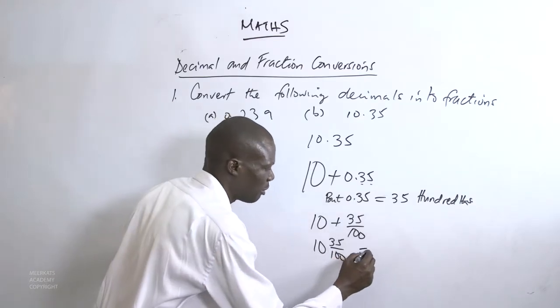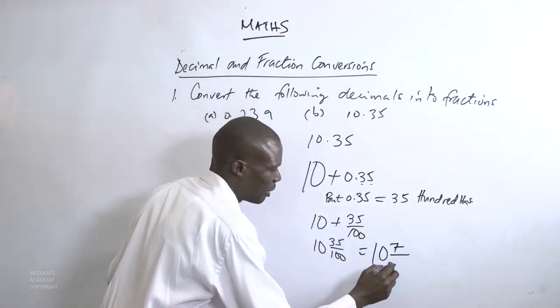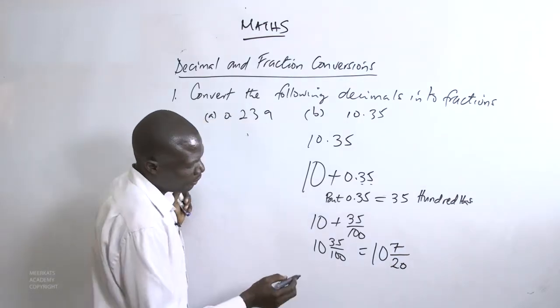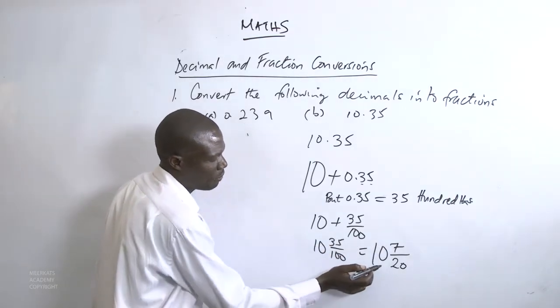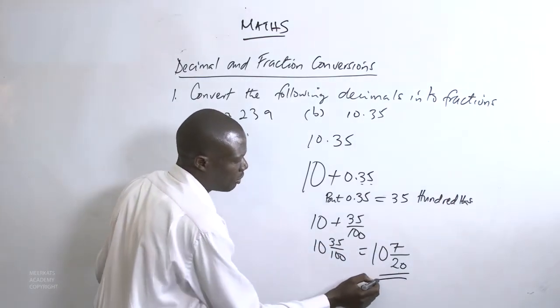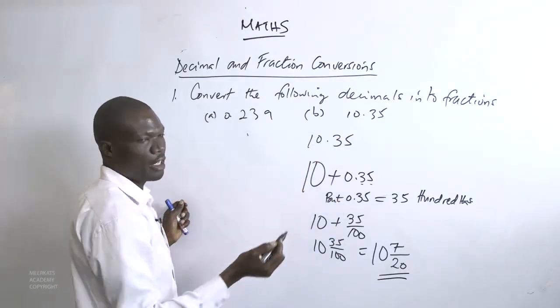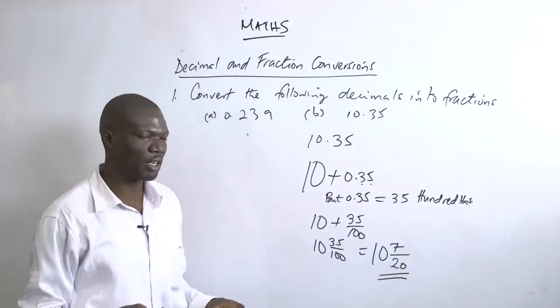You'll now have 10 and 7 over 20, dividing by 5 in both. So when you convert 10.35 into a fraction, you'll have 10 and 7 over 20.